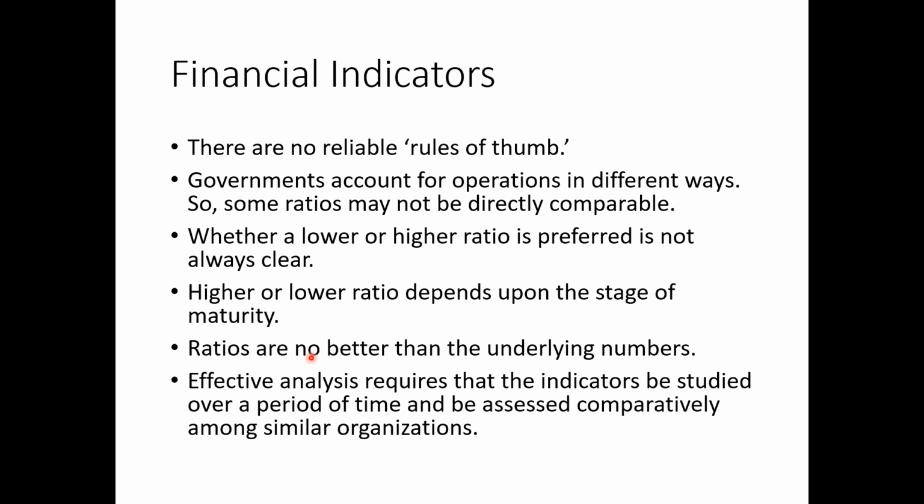Ratios are no better than understanding the numbers. So don't 100% rely on the numbers and ratios, but we have to put them together in one picture. Plus, we need to understand the factors behind those data. Then we can make a proper conclusion.